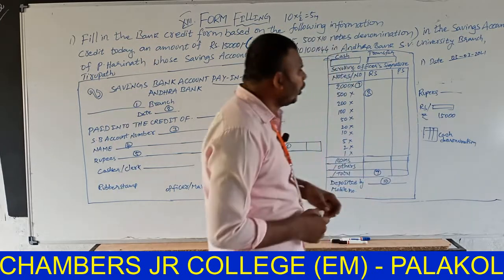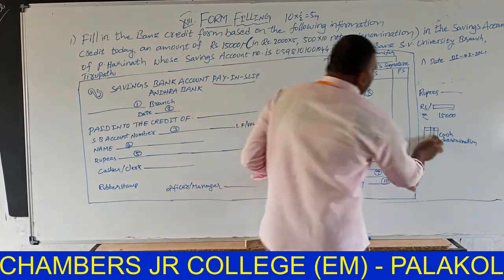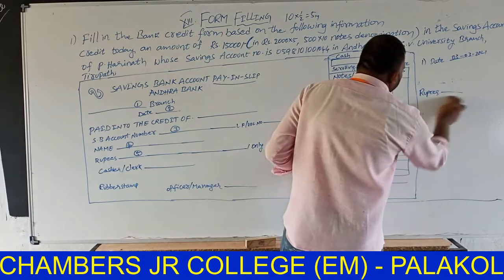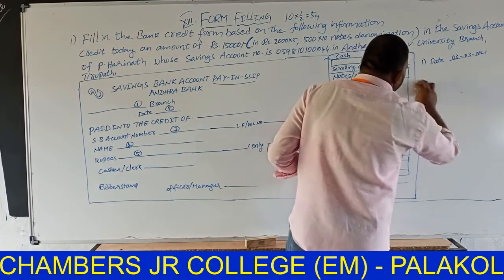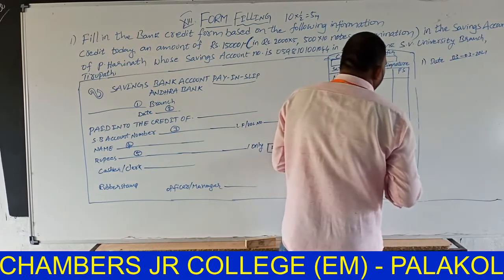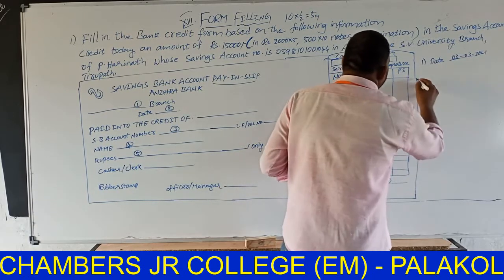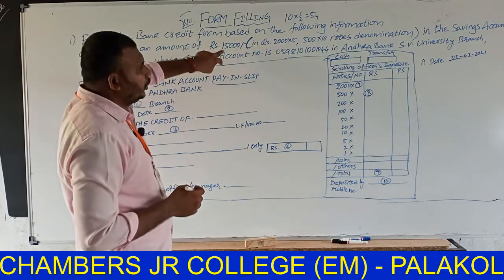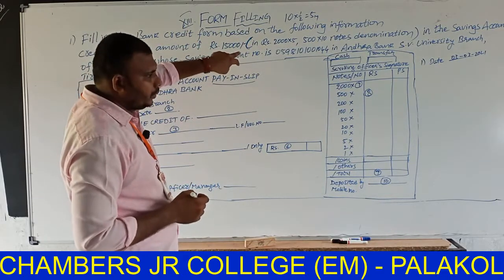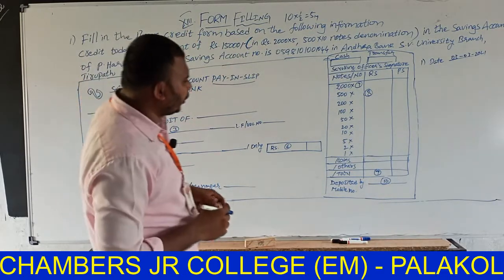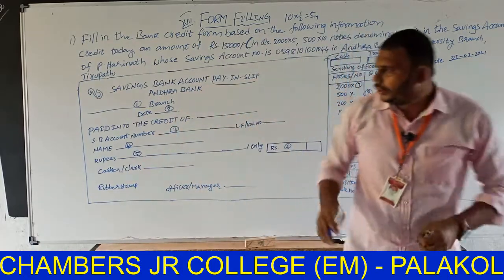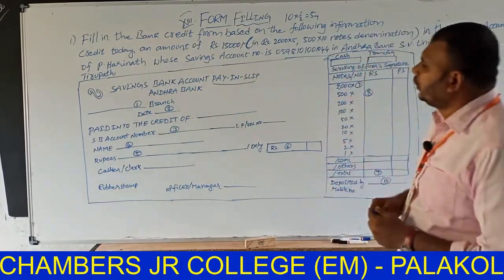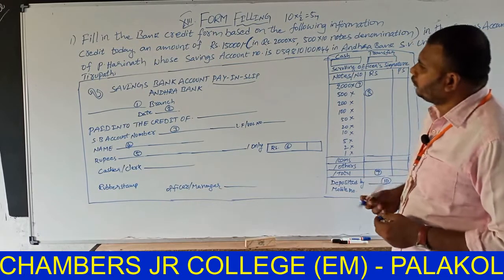Okay, let us see how to write the answer in the exam, if the question is given like this. I have already read out the question. So 10 numbers are given here in this form, and the question is seated. The first number is given as branch.